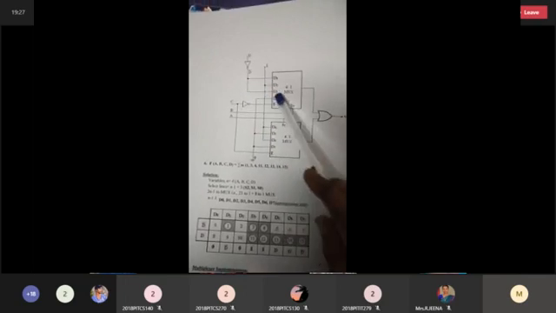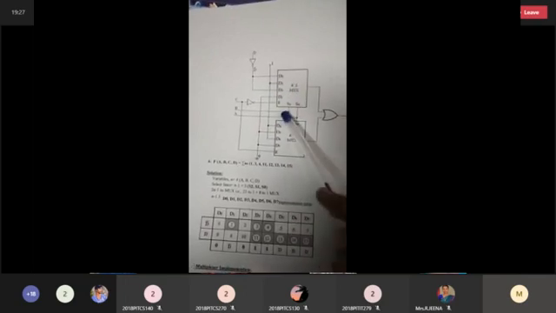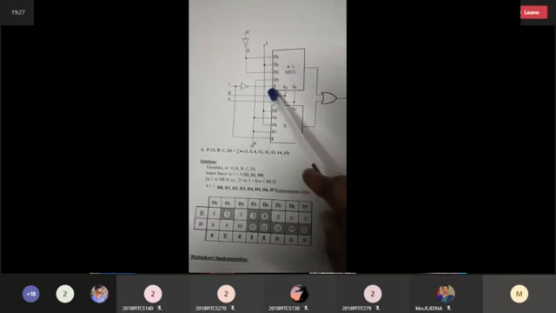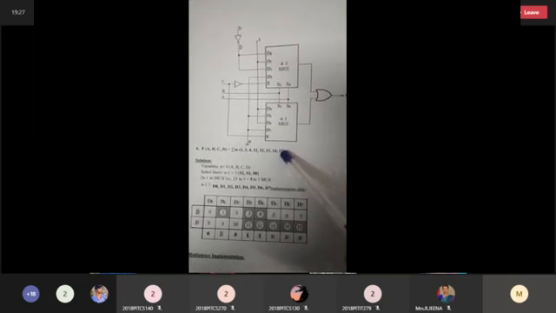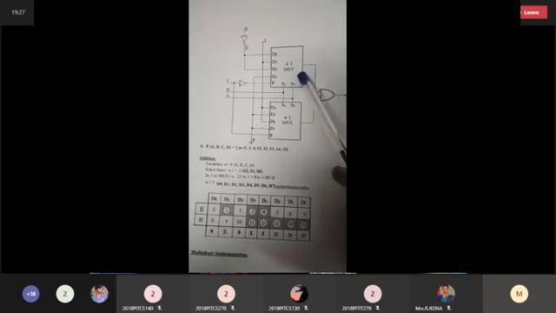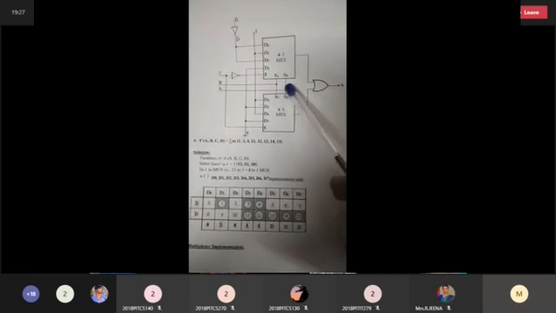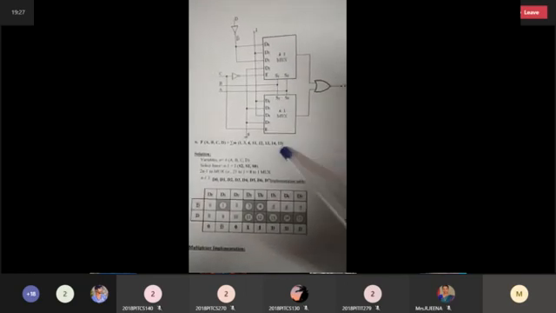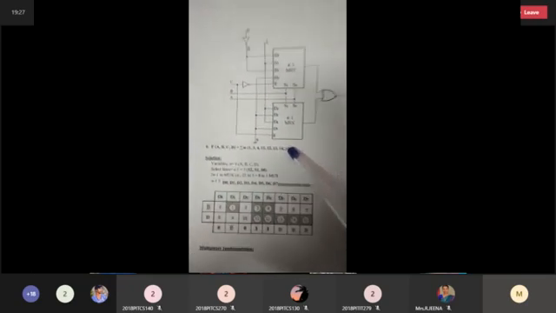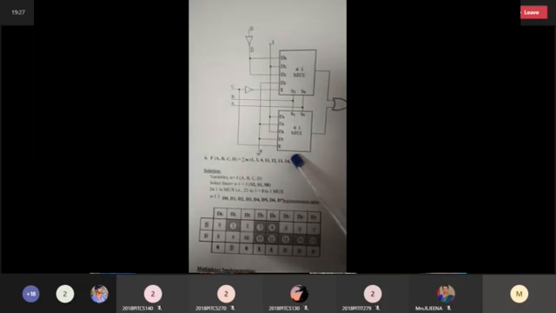If the first multiplexer is working, the first enable is taken as 1. If the second multiplexer is working, the first enable signal is 0 and the second enable signal is 1. If the first is working, the first enable is 1 and the second enable is 0. Okay, that's why we are using enable signals.